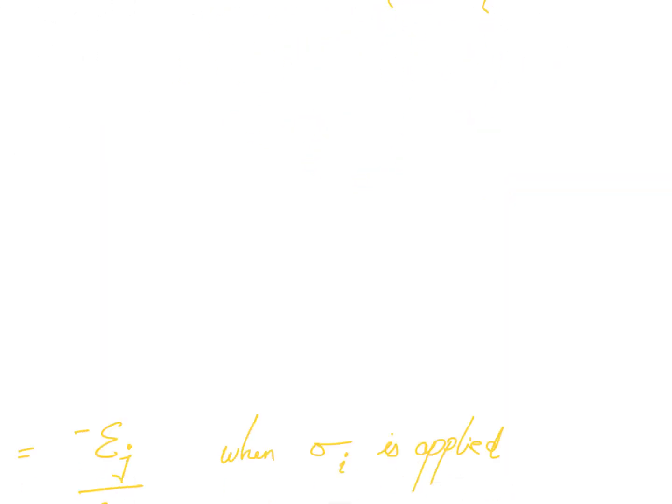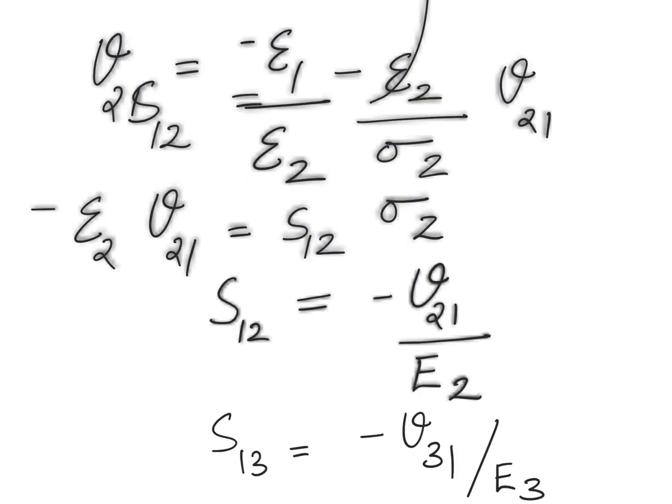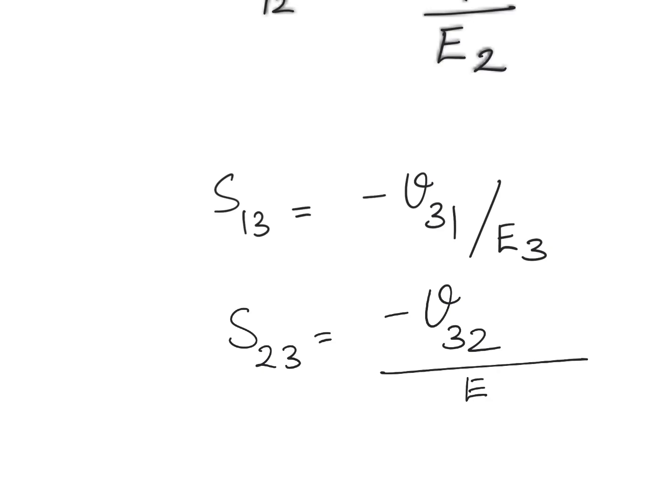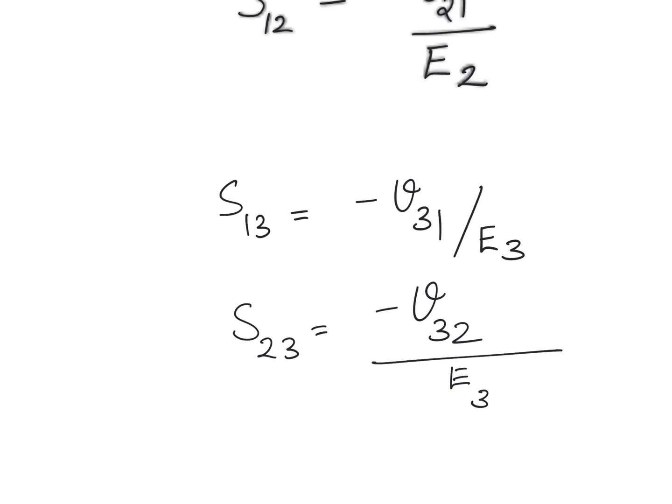Using a similar argument, S23 can be written as minus mu32 divided by E3. Makes sense? So with this we have successfully shown how we can physically appreciate the 9 constants that are required to completely describe a particular orthotropic material. Thanks for watching.